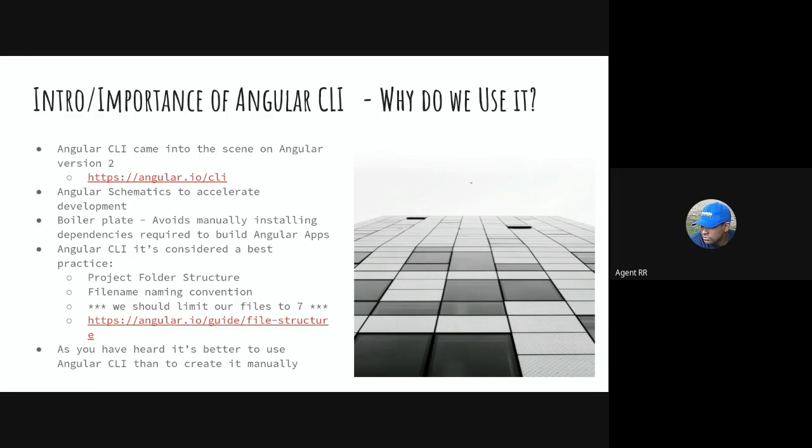Angular CLI is considered best practice because it creates a project structure for us automatically. It gives us a guide on how to create a correct project structure. It has a file name convention: whenever you create, let's say, a component, it's going to use the name that you give the component, with the TS file and the companion files like the HTML, the spec file for testing, and the CSS file for the styles.